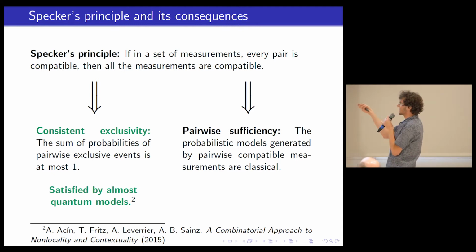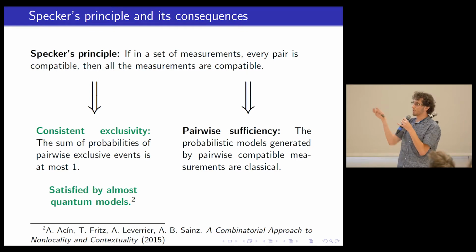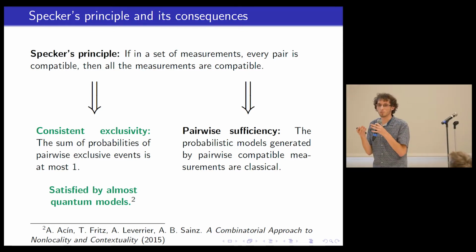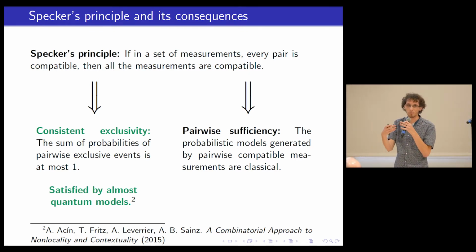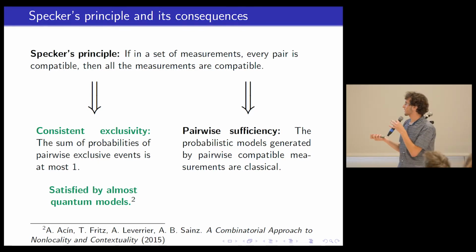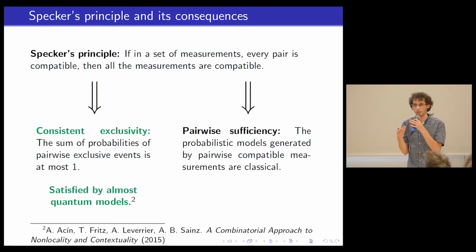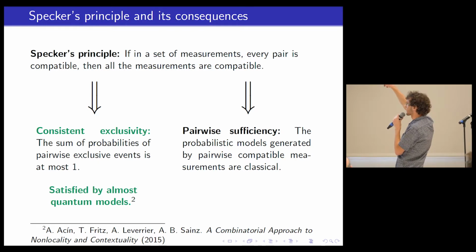So the consistent exclusivity alone seems to suggest that maybe Specker's principle also cannot really distinguish between quantum and almost quantum. But what we have found is that there's other consequences of Specker's principle for the correlation. So there's this principle of pairwise sufficiency, which is what we call it, which seems to trivially follow from Specker's principle.